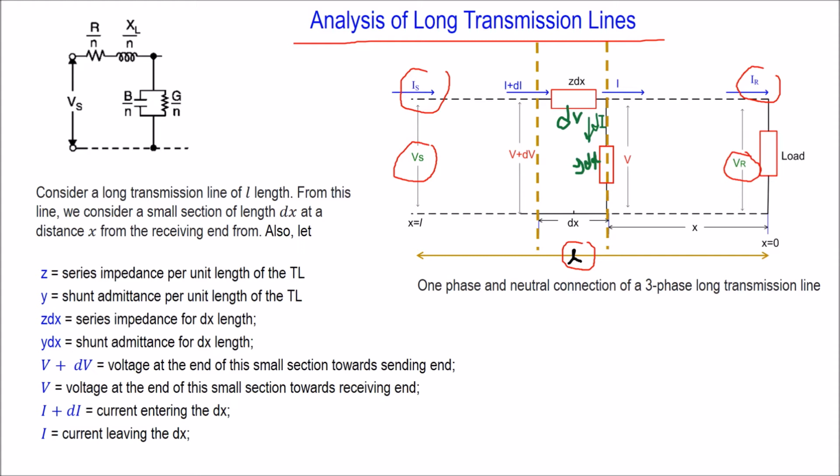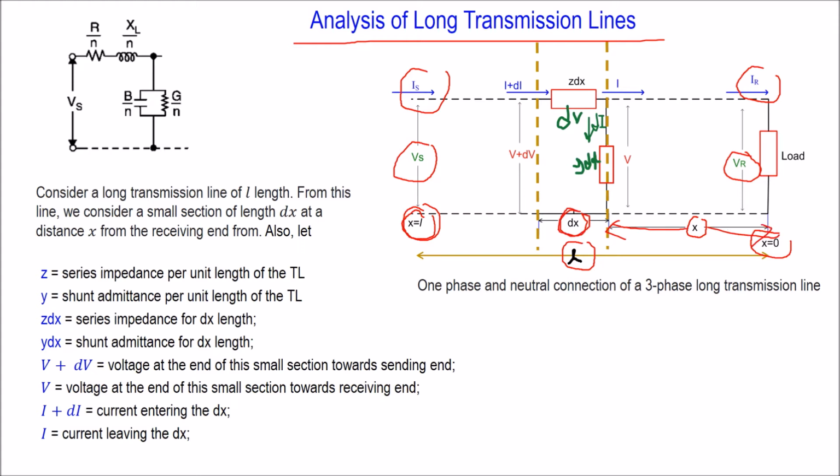Now we consider receiving end at x equal to 0. Therefore, for L length, sending end will be x equal to L, right? Now we consider a small portion of length dx, which is x unit far from the receiving end, right?